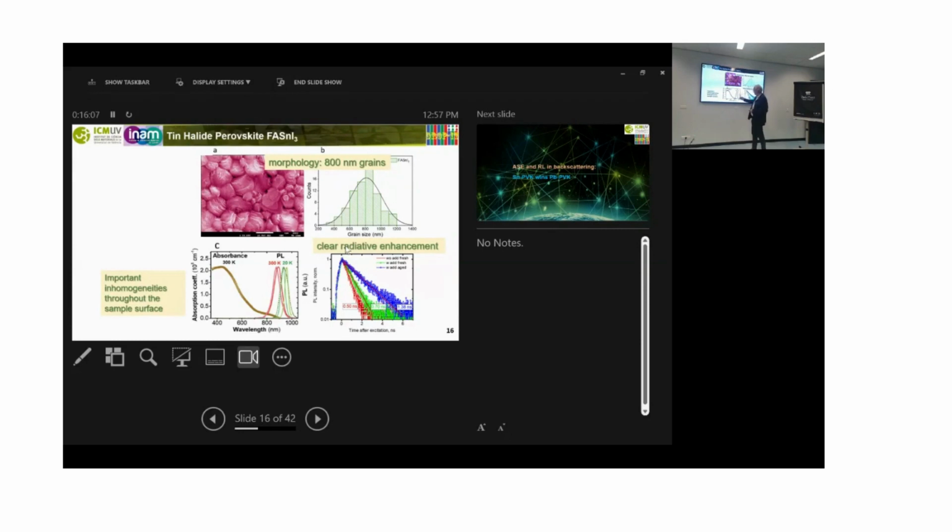And the most important is the inhomogeneity, because it's just the origin of the observation of random lasing that I will be explaining later. But this is the most important.